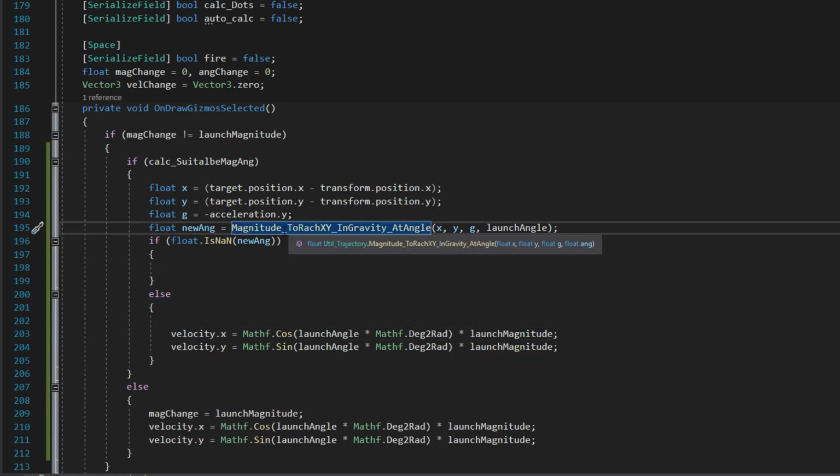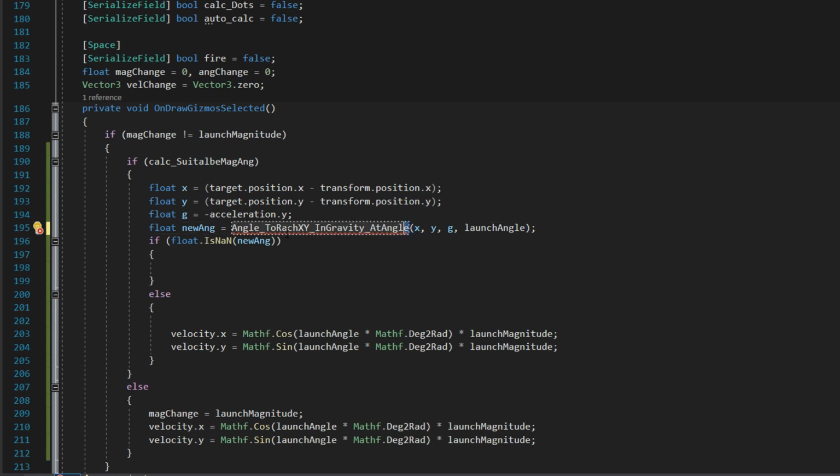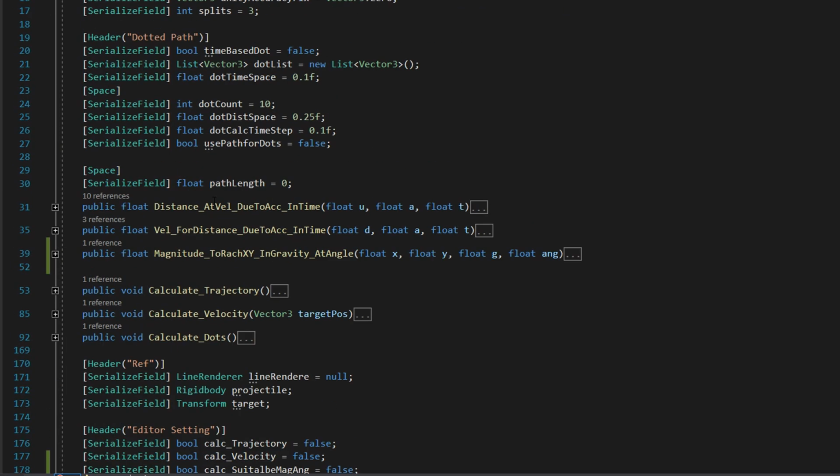And also we want a new function. So the function will return angle to reach x, y in gravity at magnitude, and we will provide the launch magnitude.